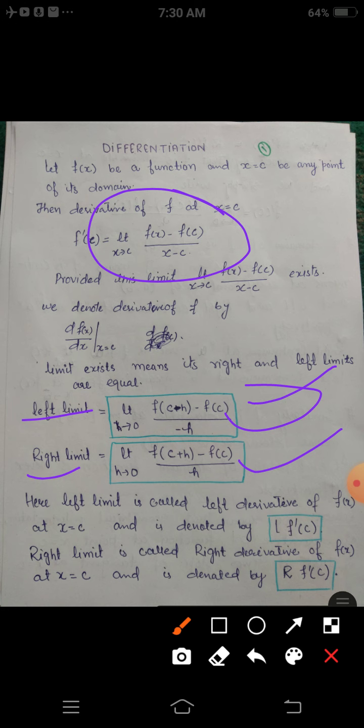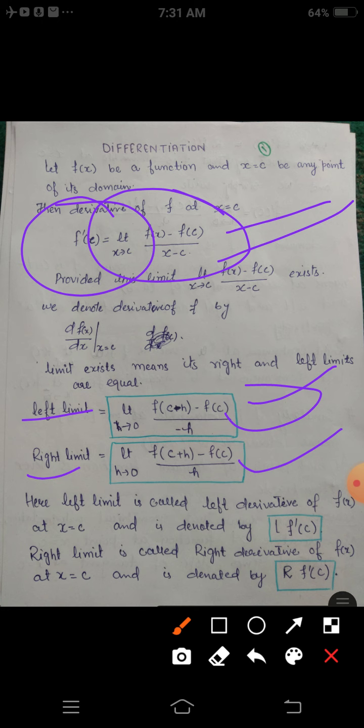When the left limit exists and equals the right limit, we say that this limit exists, and its value equals the derivative of this function at the given point.